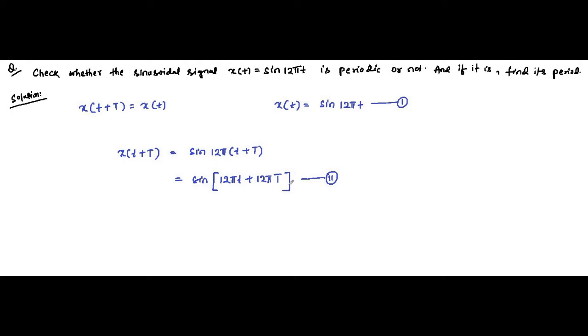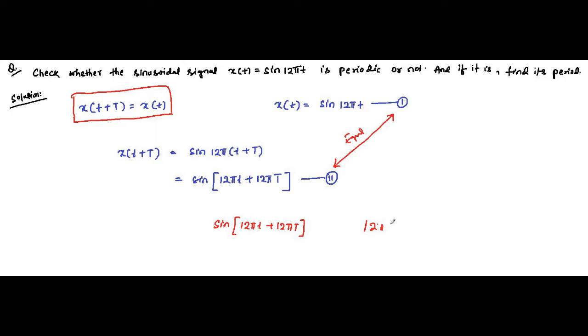So here, for this condition of periodic signals to be satisfied, these two equations must be equal. For that to happen, in sin(12πt + 12πT), this portion 12πT should be an even multiple of π.